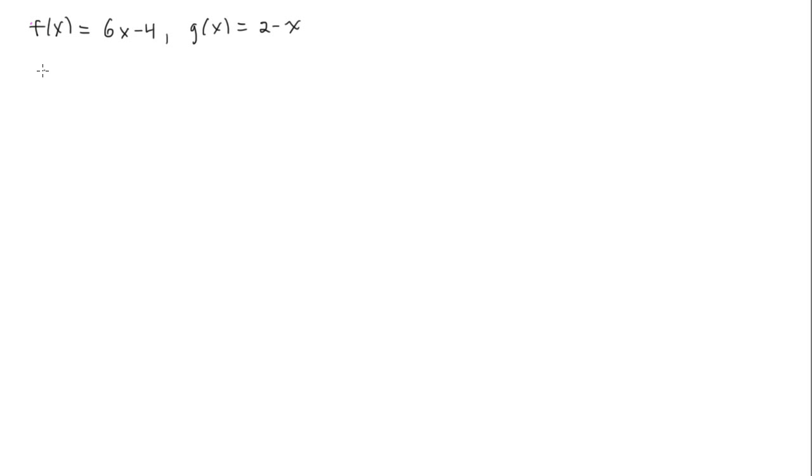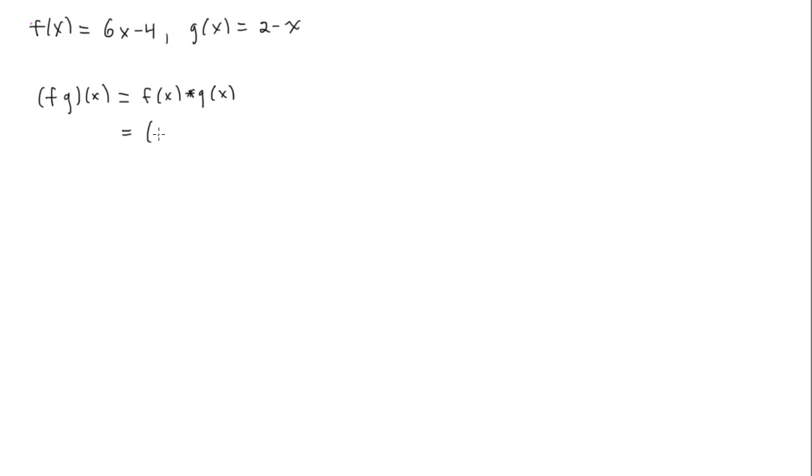G is going to be 2 minus x. So the new function we're going to define is called fg, the product of the two functions, and we define that by literally doing f of x times, or times not plus, I'll correct that in a second.